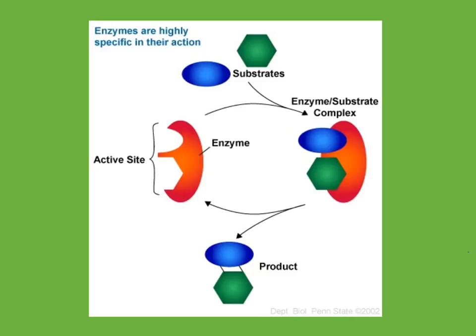The next diagram gives us a global summary of all what we have been talking about. It is also showing us how specific enzymes are. So if you look at it, you will realize that the substrate has the same shape to the enzyme's active site, and it can bind conveniently to the enzyme.